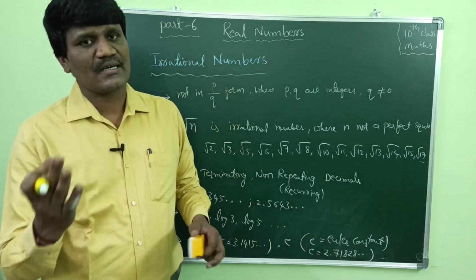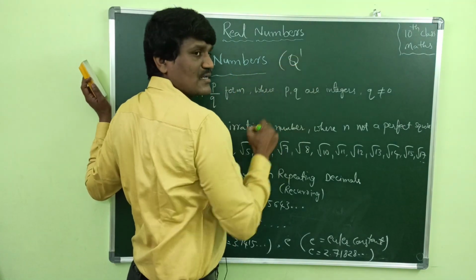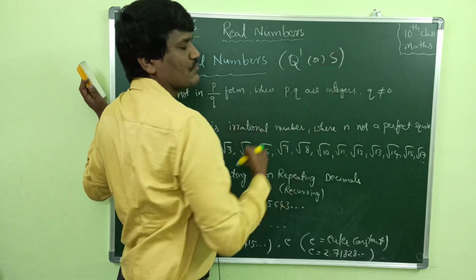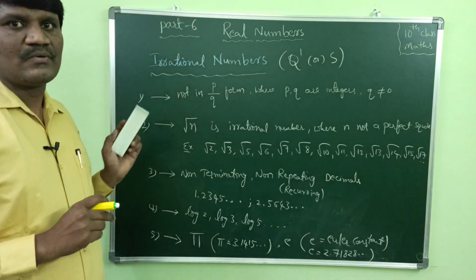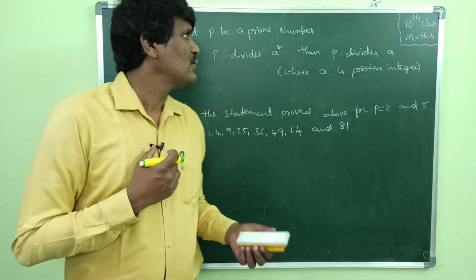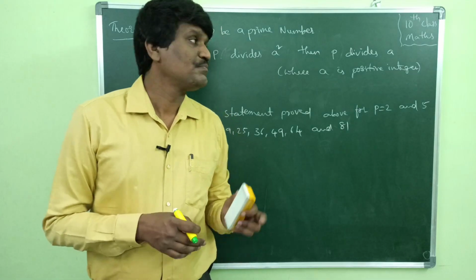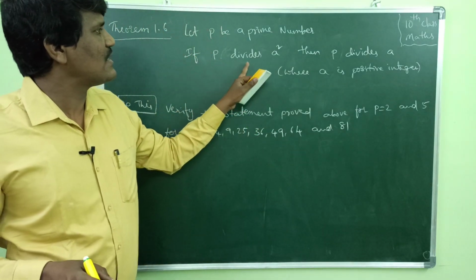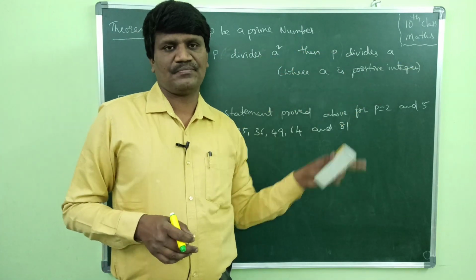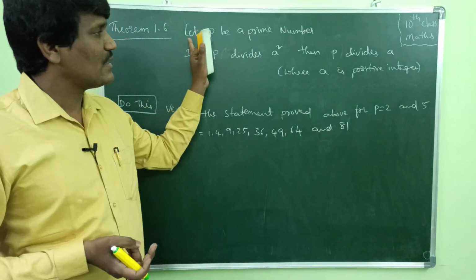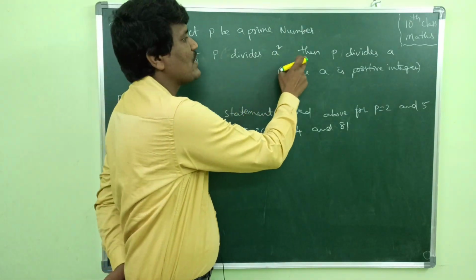Now let us see one theorem based on irrational numbers. Irrational numbers we denote by Q dash or sometimes S. Now let us see theorem 1.6, which says: let p be any prime number, then if p divides a square, then p also divides a.